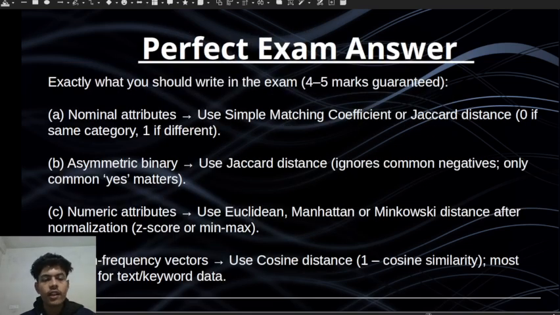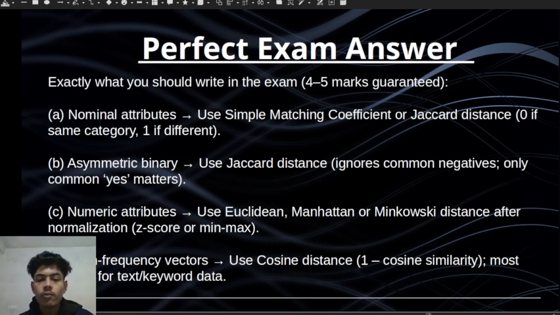So exactly what you should write in the exam according to this question to score good marks: for nominal attributes, use simple matching coefficient or Jaccard distance, 0 if same category, 1 if different. For asymmetric binary, we use the Jaccard method to ignore common negatives, only common yes matters.